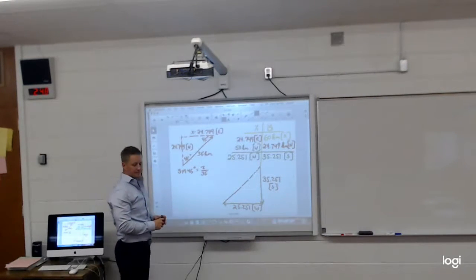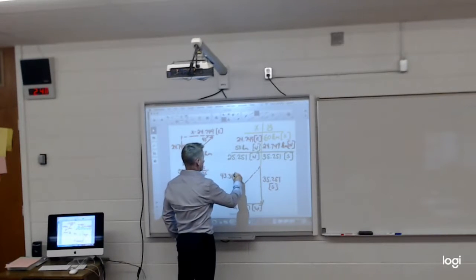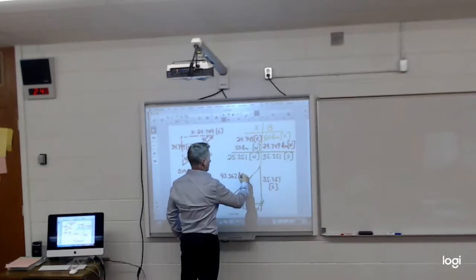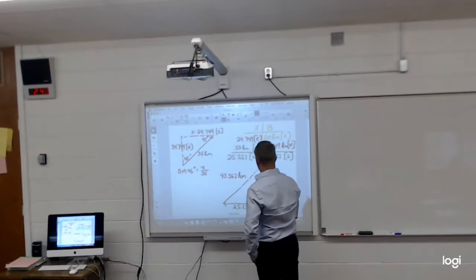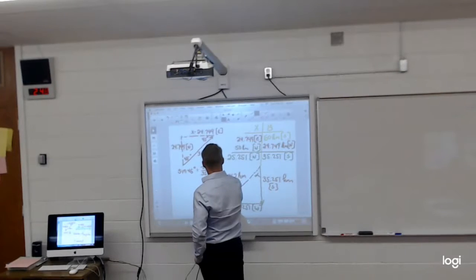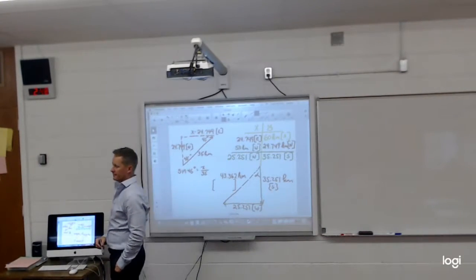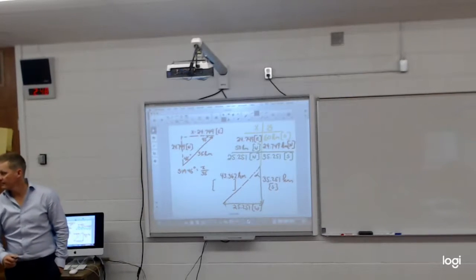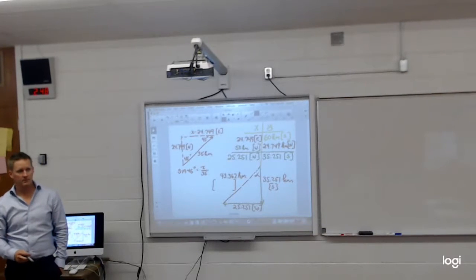So what do I get? 43.362. These are all kilometers, right? I should be writing my units in. I haven't been. And I need my direction. 35.6, I think, southwest.